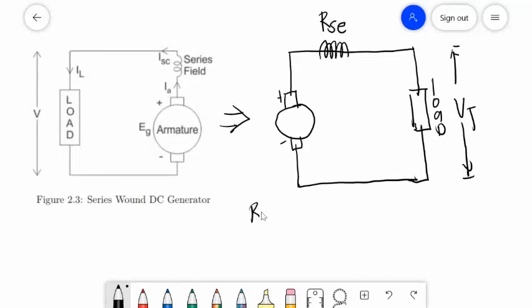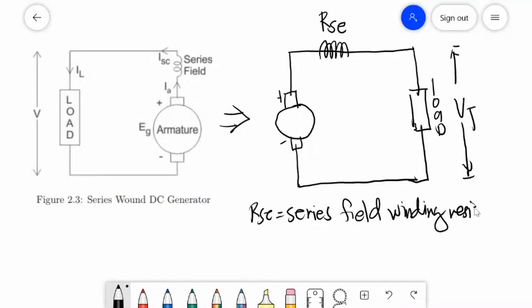So RSE stands for series field winding resistance. Again, the direction of current is from negative to positive. This is your EG. Inside the EG, there is what we call again armature resistance, RA.